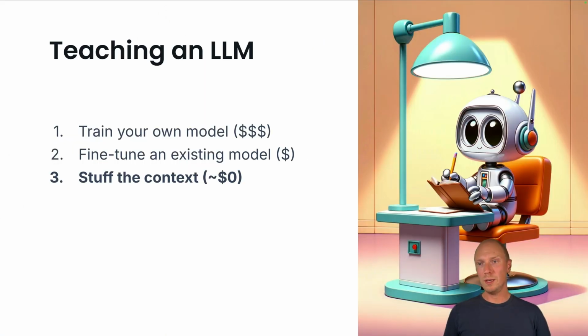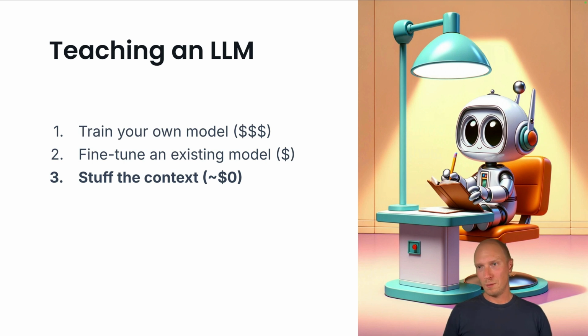So if we wanted to teach an AI new things, we have a few options. We could train our own model. It's great if we have several months and hundreds of millions of dollars to do it, so we're not going to do that here. We could fine-tune a model, essentially taking an existing model and teaching it some new tricks on top of what it already knows. So we give it more examples of how we want it to behave in certain situations, more information about our specific business context, and so on.